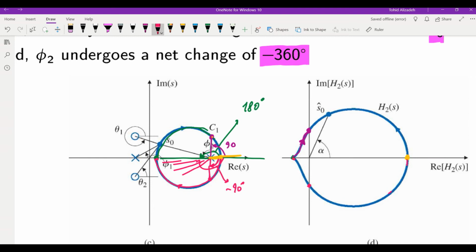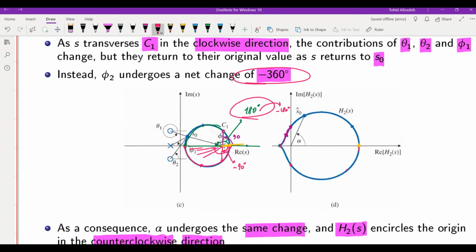So we started at plus 180 and we ended up at minus 180, and as a result the net amount of change that we have for the phi 2 angle is equal to minus 360 degrees.